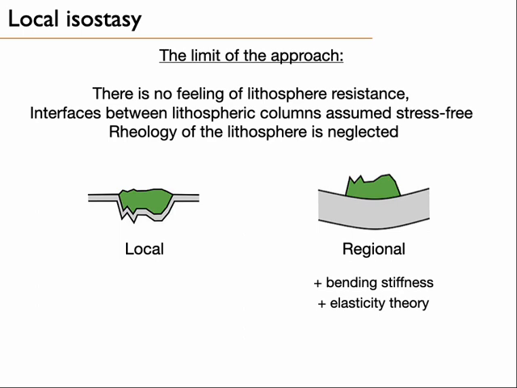And so that's why there is a regional isostatic theory that exists. And this one requires knowledge of elasticity theory and basically a flexural model, including a bending stiffness. So it's much more advanced to develop this model, rather than using the local isostatic model.